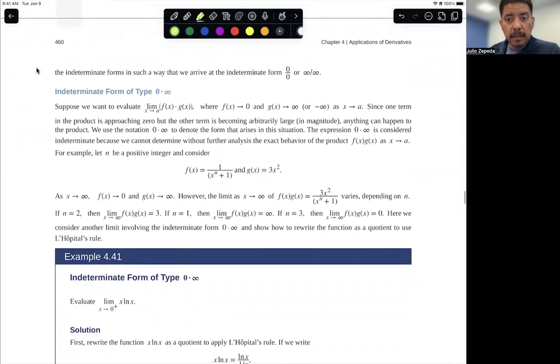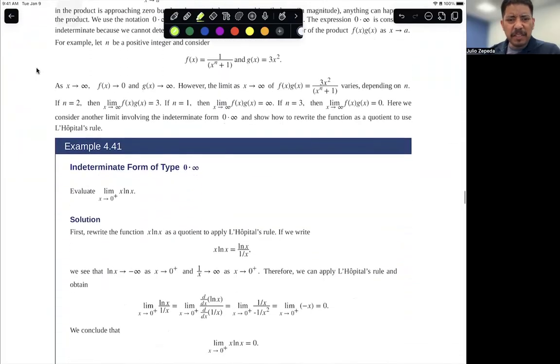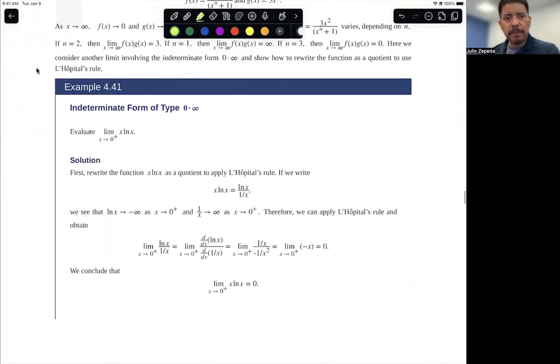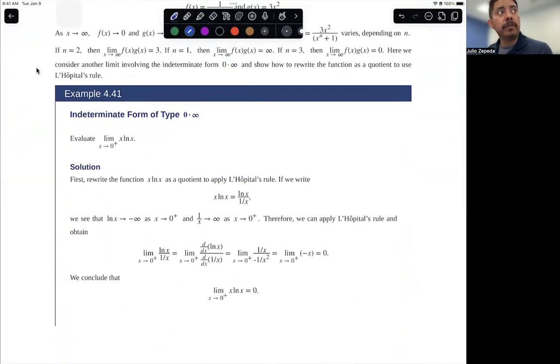So let's take a look at one of these problems here. We'll take a look at this one here: x times the natural log of x. So if we do direct substitution, we're going to get 0 times the natural log of x, and as x approaches 0, this is negative infinity.